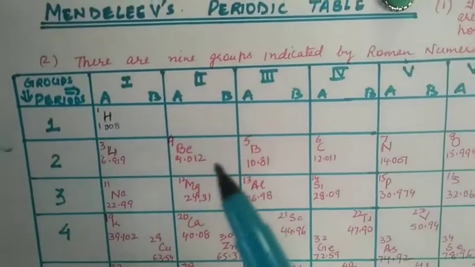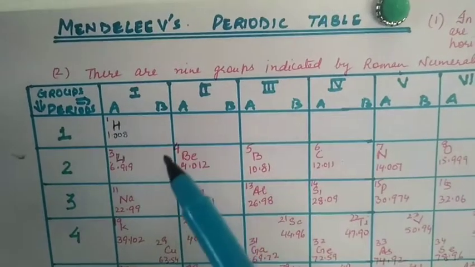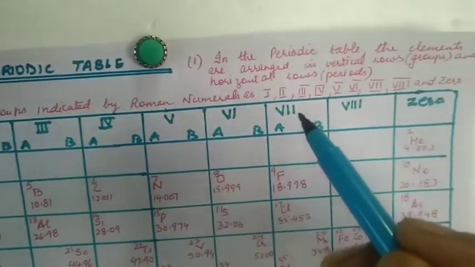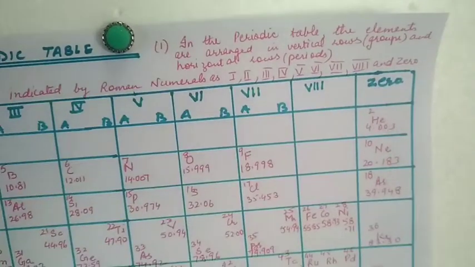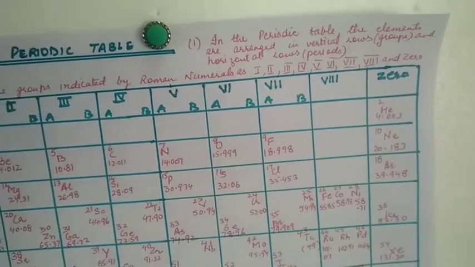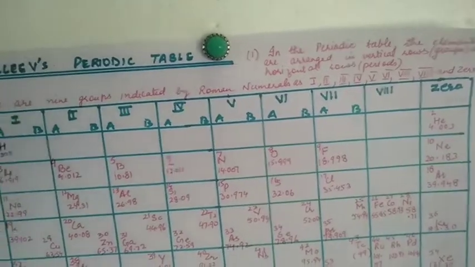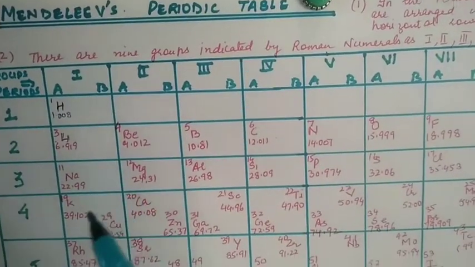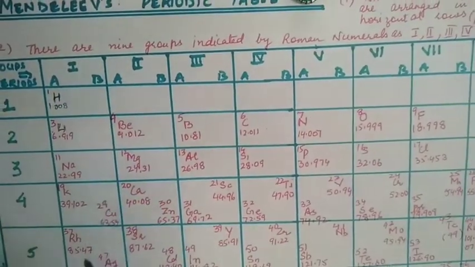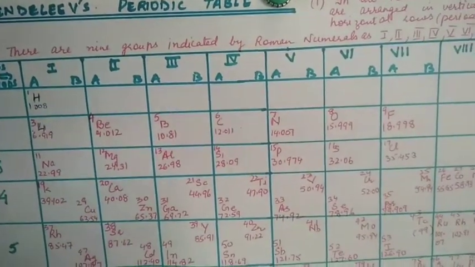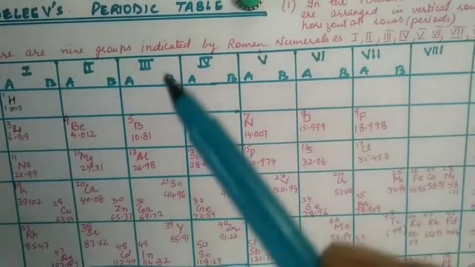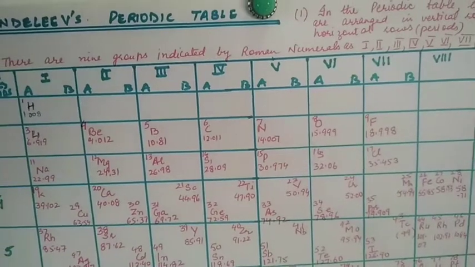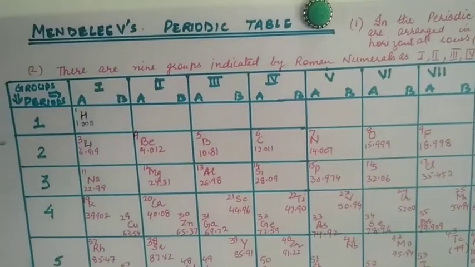The 9 groups are indicated by Roman numerals 1, 2, 3, 4, 5, 6, 7, 8 and 0. The elements belonging to the first 7 groups are subdivided into subgroups, for example, 1A and 1B, 2A and 2B, 3A and 3B, and so on, on the basis of similarities in properties.